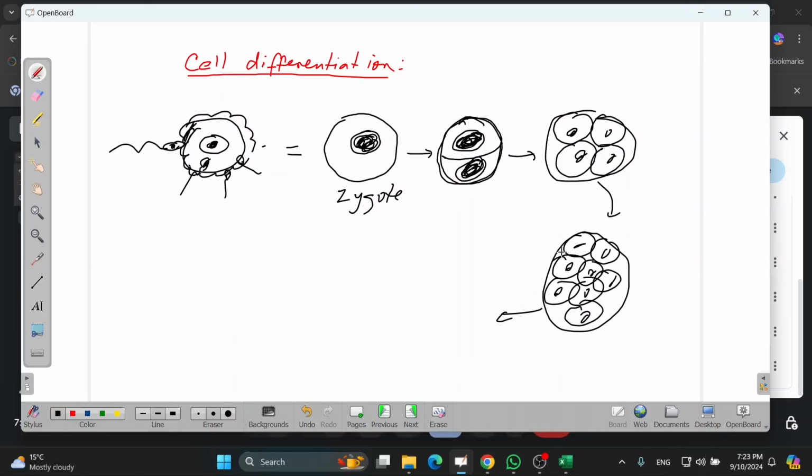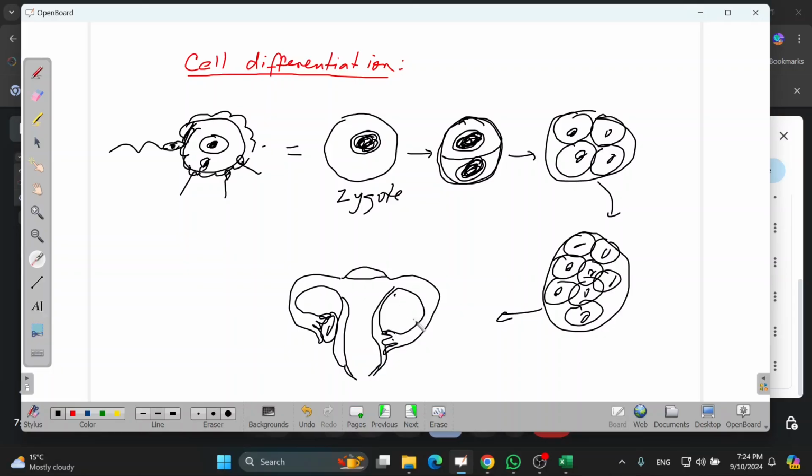And eventually that will go, and let's say this is the female reproductive system here, right? I'm telling you the entire story as to where cells become specialized.